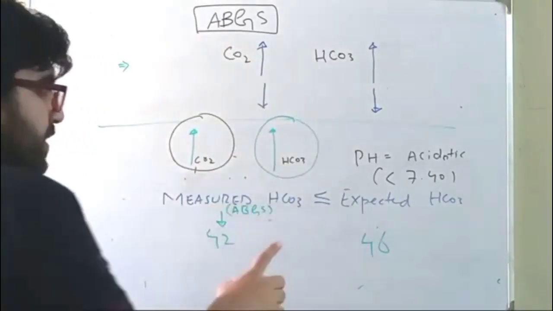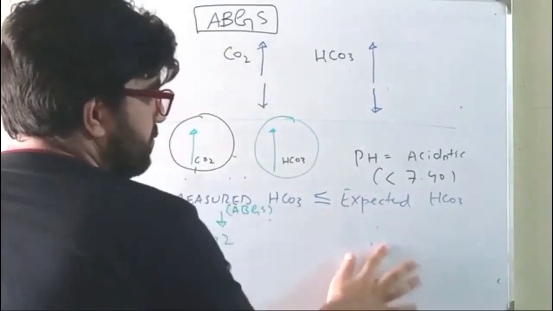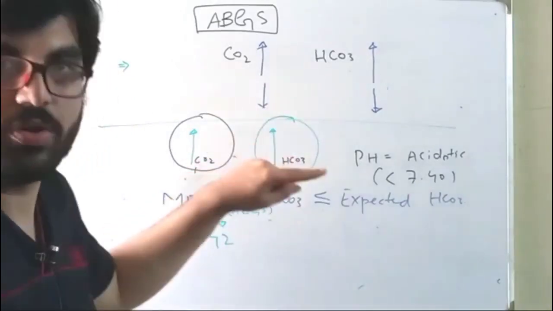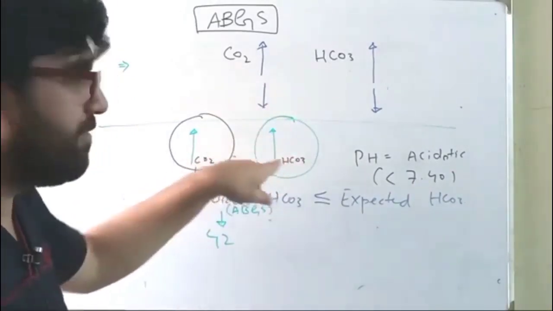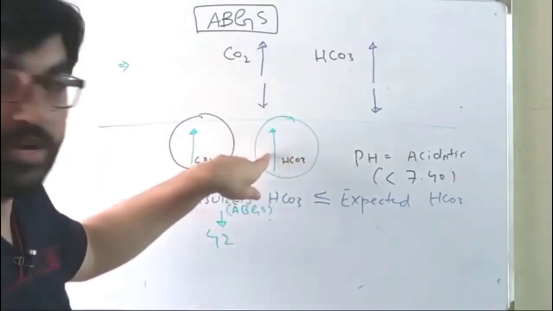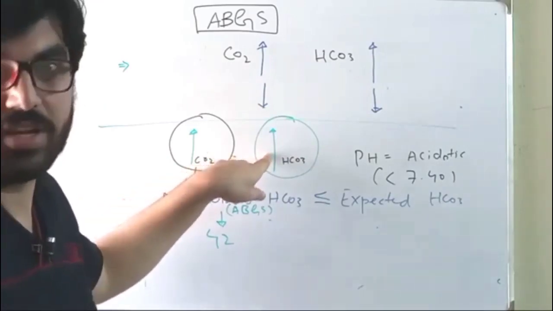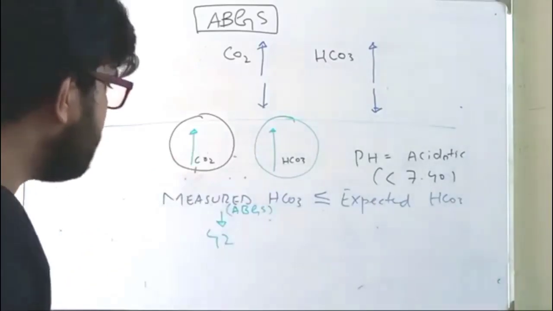And now if the expected bicarbonate according to the formula we discussed, whether it was acute or chronic depending upon that condition, if it was acute the expected bicarbonate would be increased by 1. If it was chronic the expected bicarbonate would increase by 4.